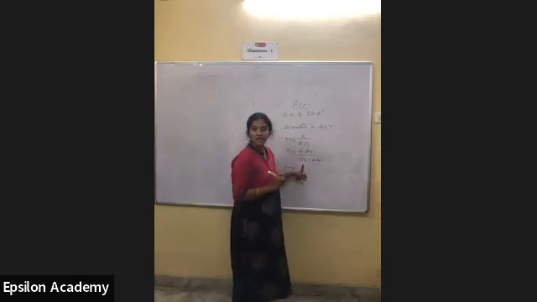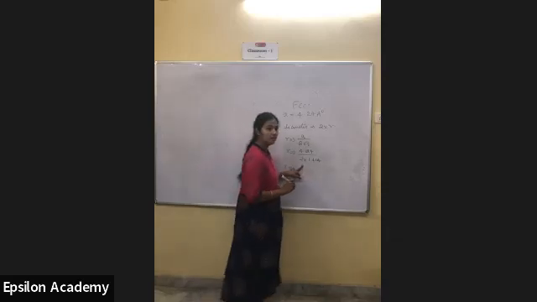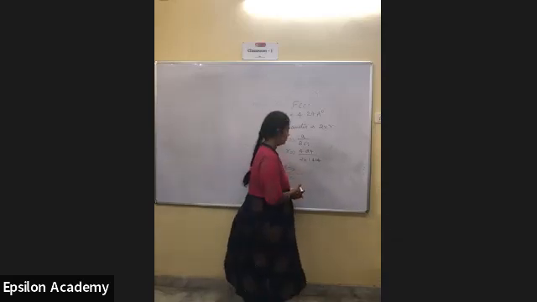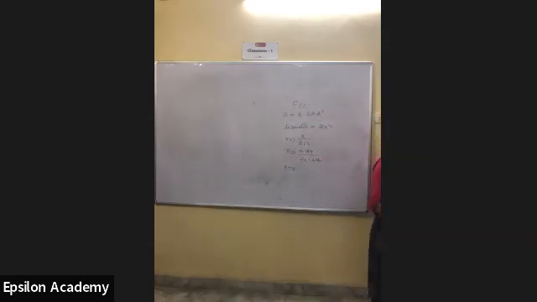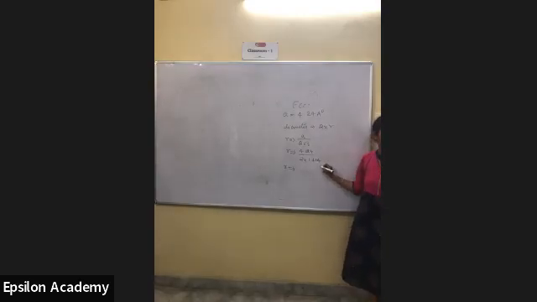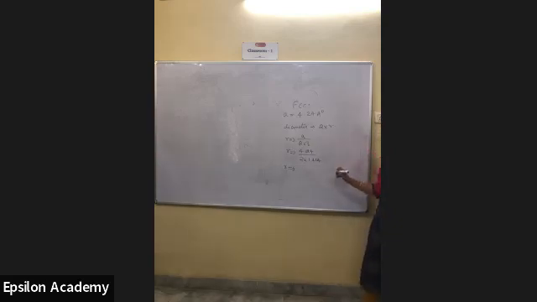Have you done this calculation? Diameter is 3. We calculate the last one, 3. So what is this one? This one's answer, radius, 1.5.